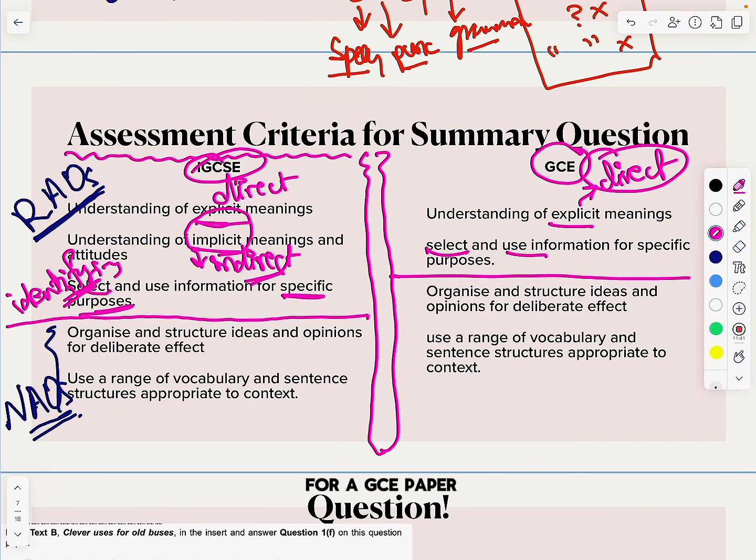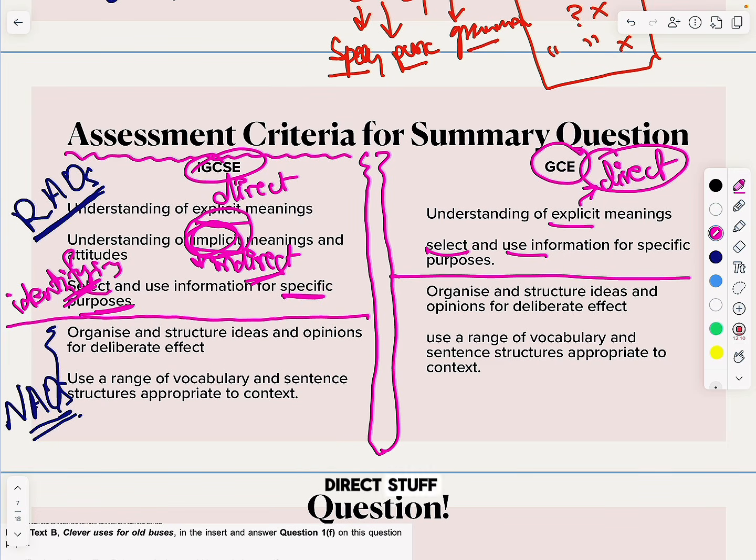So if you are appearing for a GCE paper, or if you're appearing for an IGCSE exam, make sure that this thing is clear to you, that for a summary writing question, and this is possibly why most of you are ending up losing marks as well, because in the IGCSE summary, most of you are only focusing on the direct points that you have. However, the question demands that you take a look at the implicit ideas as well, and most of you don't even know what those are.